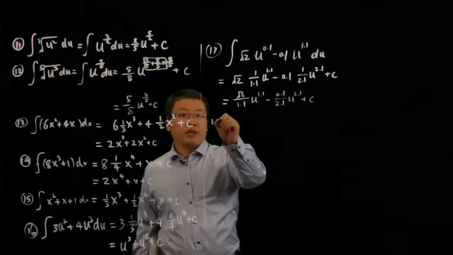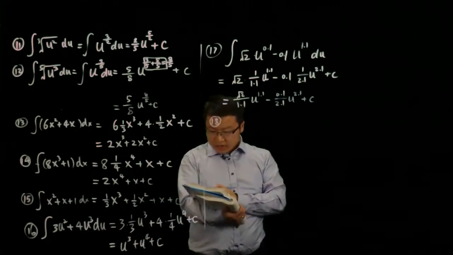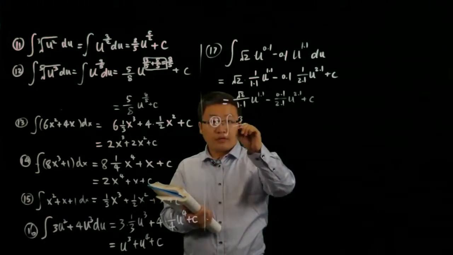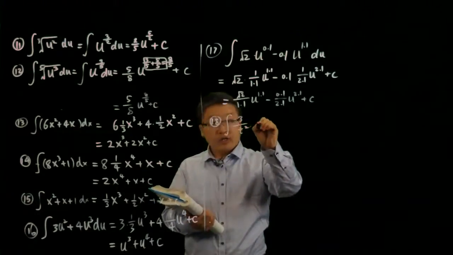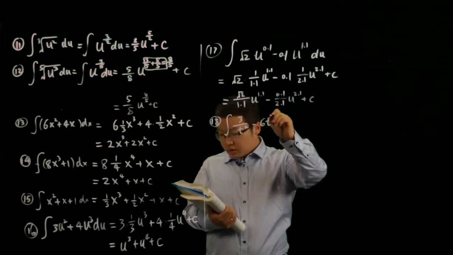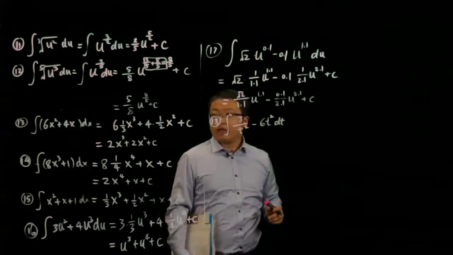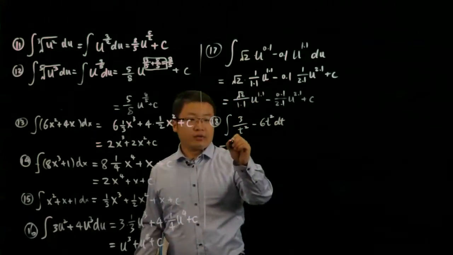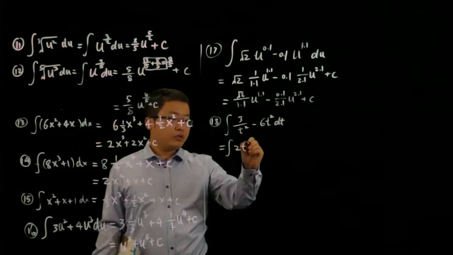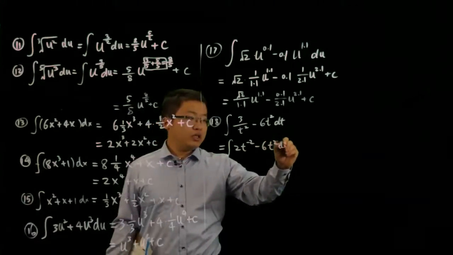Then number 18. Number 18 is the integral of 3 over t squared minus 6t to the power of 2 dt. Now you have a negative exponent, because I can rewrite my question as 3t to the power of negative 2 minus 6t squared dt.